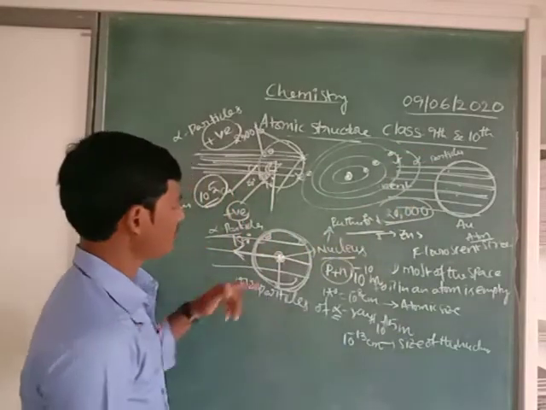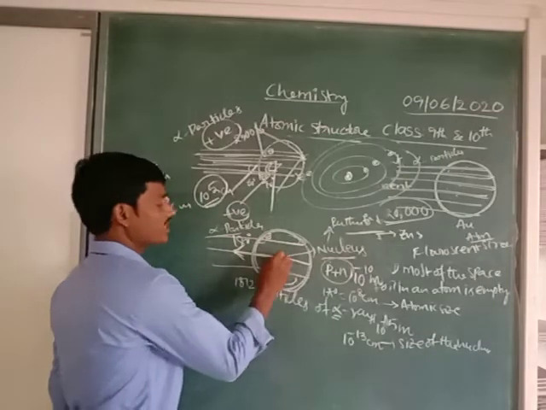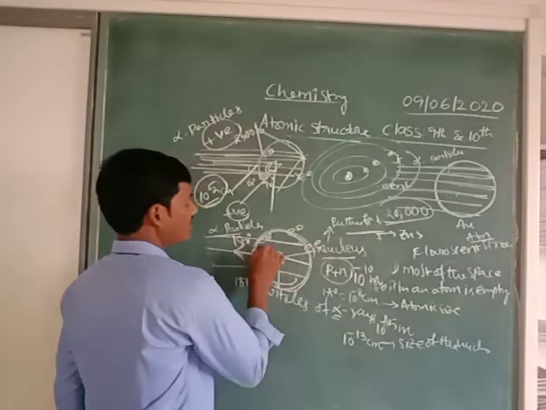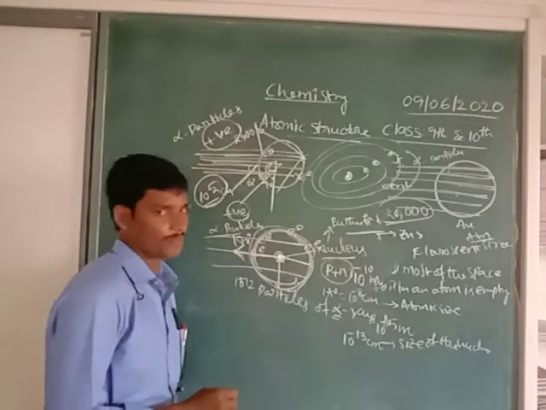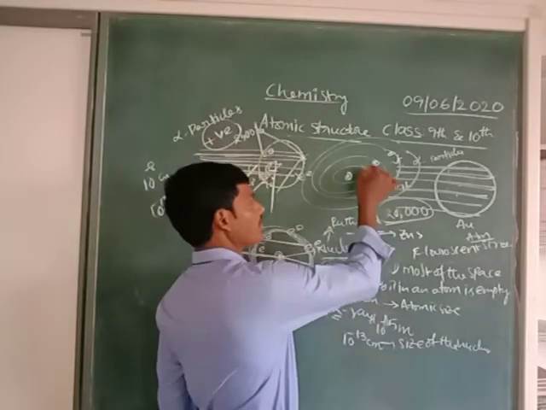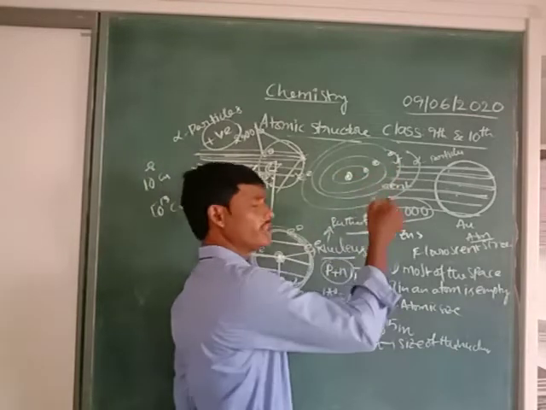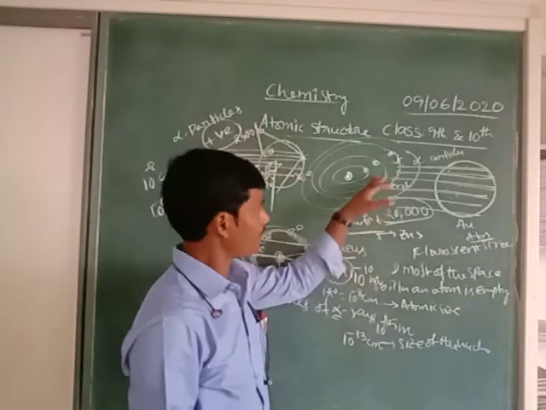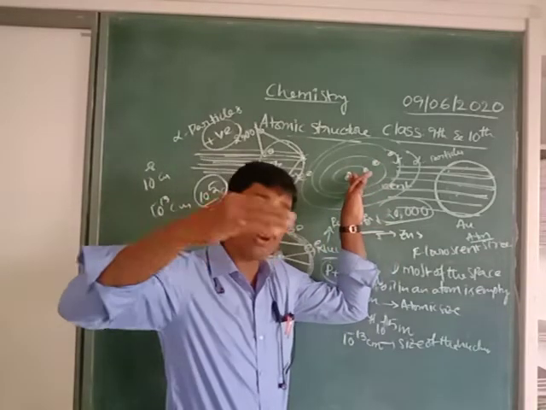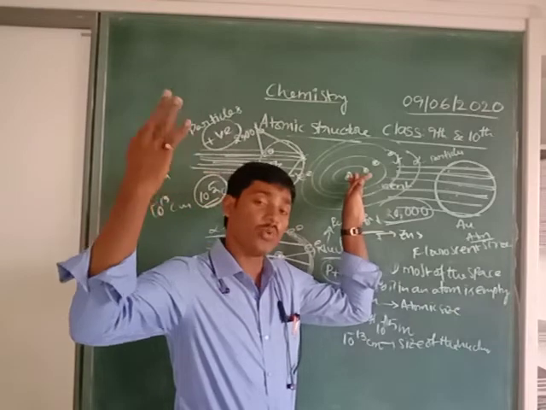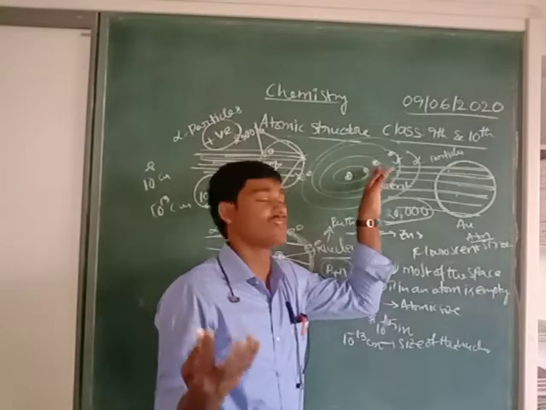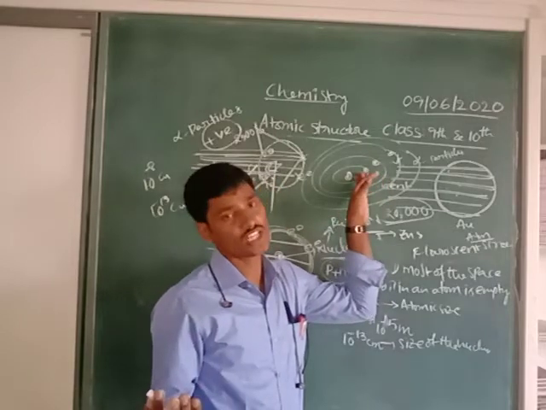Similarly, in the atom, the center is the nucleus, and the electrons revolve around the nucleus in a particular path, children. According to modern physics, if it continuously revolves around the sun, it would lose some energy. If it loses energy, it comes closer to the sun, and the solar system would collapse.